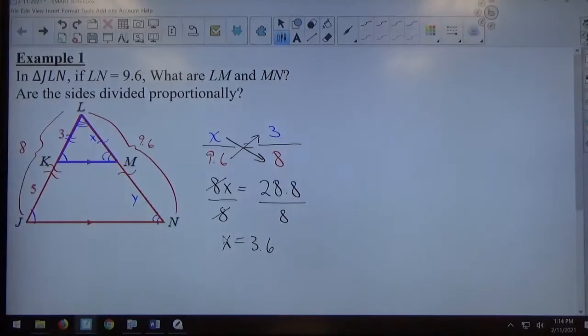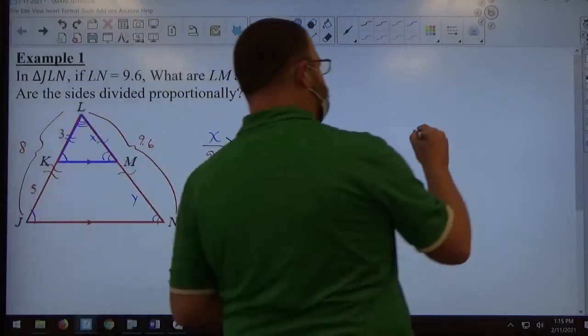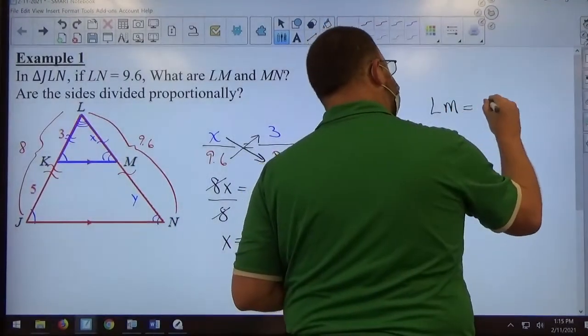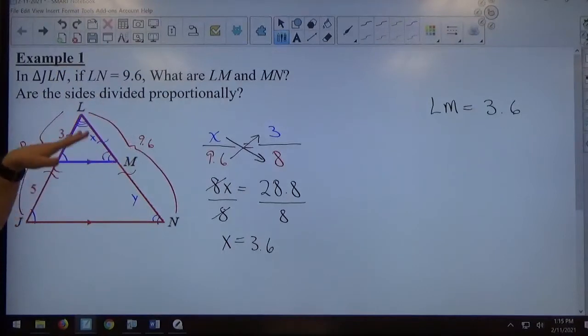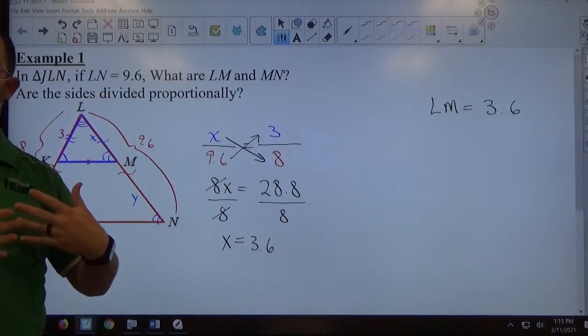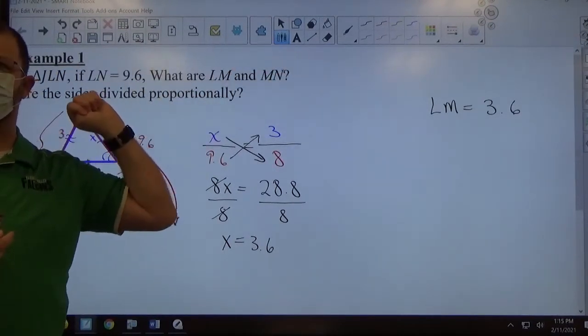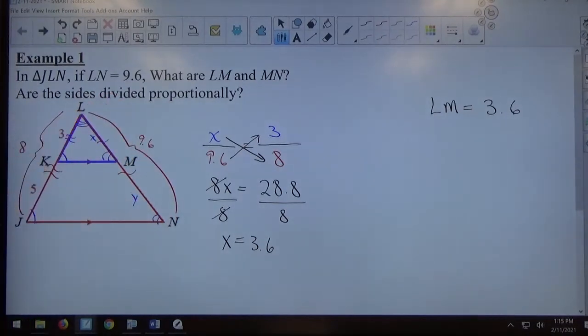Our task was to find the length of LM and MN. LM is what we just found, right? So I'm going to write over here LM equals 3.6. I really like using a letter like X to refer to something I don't know, but then when I actually identify the answer, I want to identify it for what it actually is. So LM, that's what they asked us for, right? The other thing they asked us for is MN.